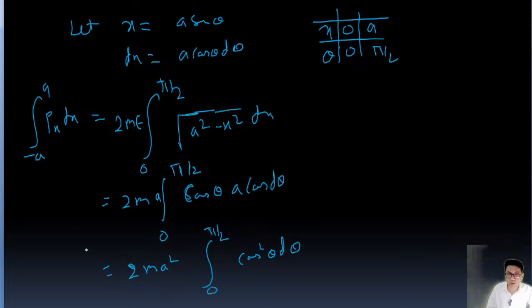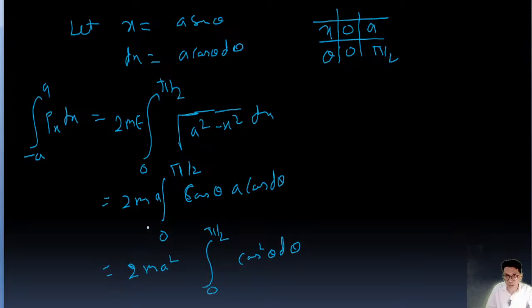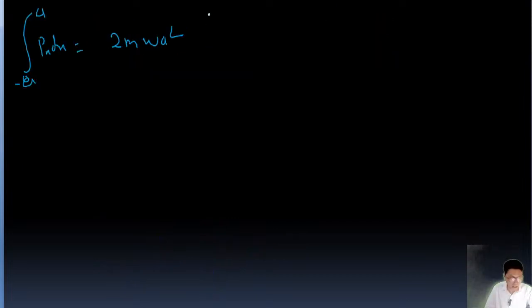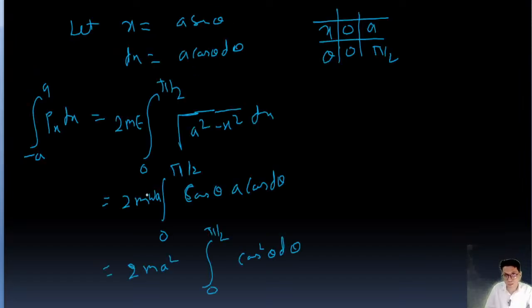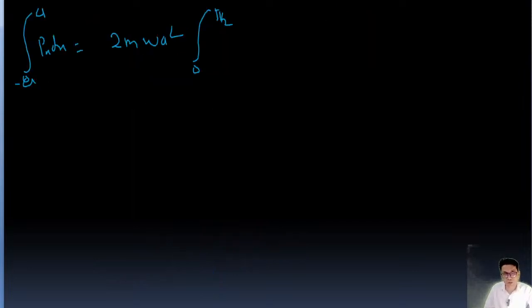So this is 2m omega a square, with limits 0 to pi by 2. Omega is also there. So this is going to be a square, 0 to pi by 2, cos square theta.